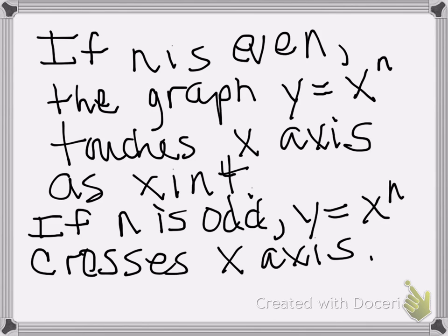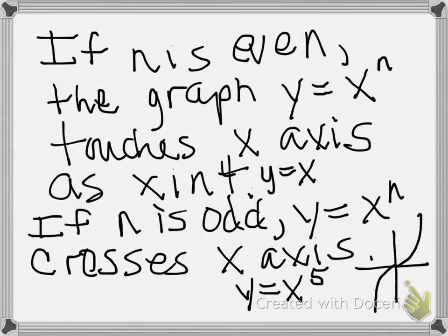So if it's odd, it could look something like this. You're going to actually cross the x-axis. For example, if we had y equals x to the fifth, you see how you cross the x-axis? Whereas if it's even, it could look something like this, y equals x to the fourth, and you're just going to touch the x-axis. That doesn't look very rounded and smooth, but it's supposed to be. This thing's hard to write with.